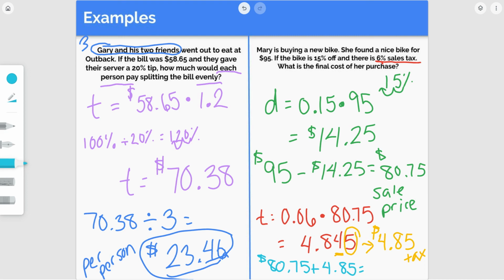And when I add those two together, I am going to get 85.6. Is that money though? Nope. Money is 2 decimal place value spots, so I got to annex my 0. $85.60 is going to be her final cost.